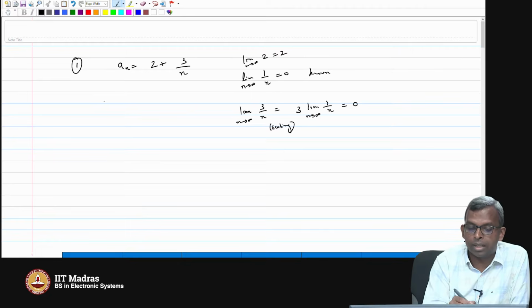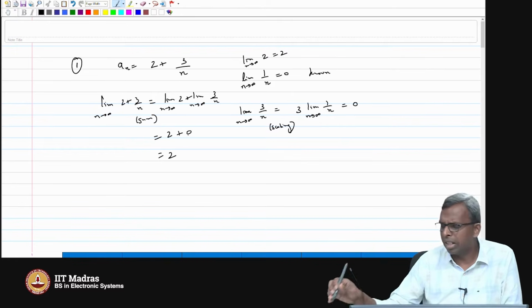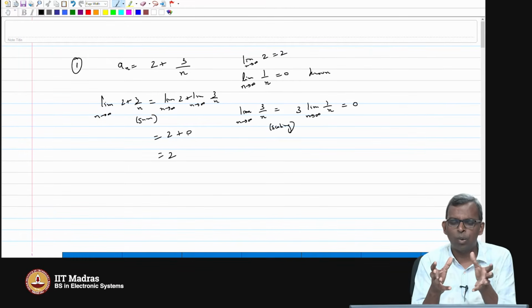So using all of these, you see the limit as n tending to infinity of 2 plus 3 by n, using the sum rule, is the limit as n tending to infinity of 2 plus the limit as n tending to infinity of 3 by n, which is just 2 plus 0, and it's just 2. I have written it laboriously, telling you all the laws, but you can see easily how these things are done.